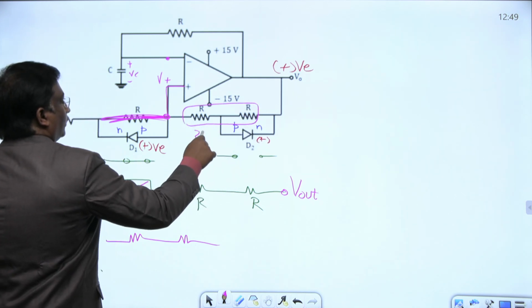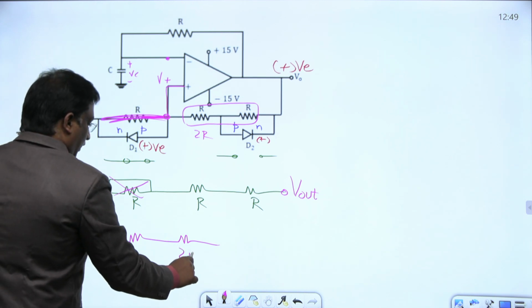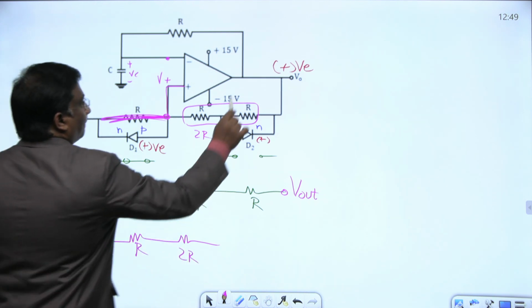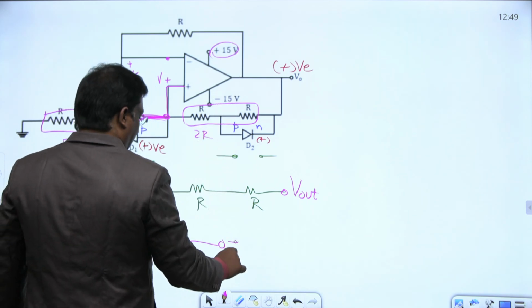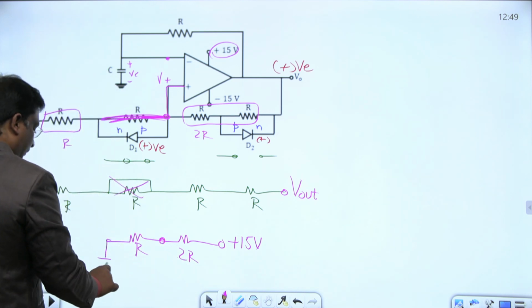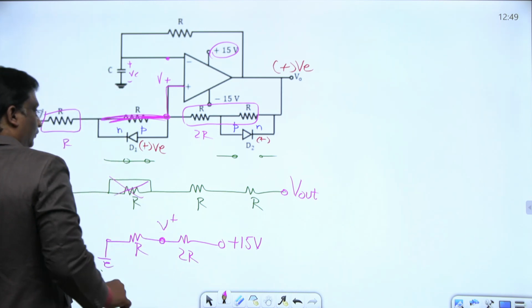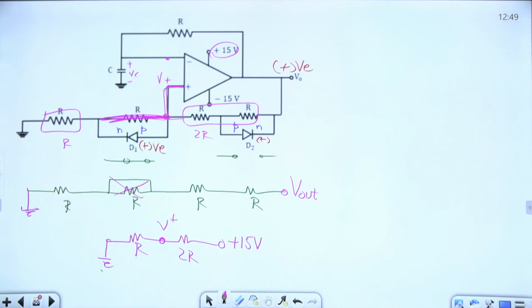This is 2R, this is R only. When this voltage is plus 15, can you please tell me what is this V plus?